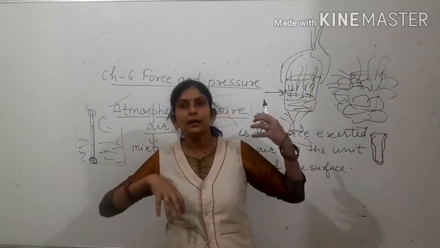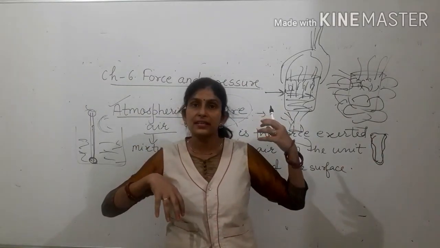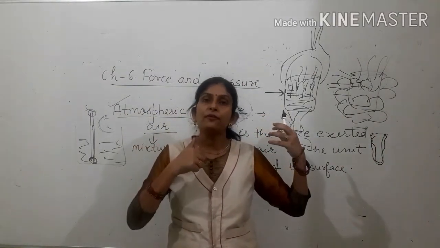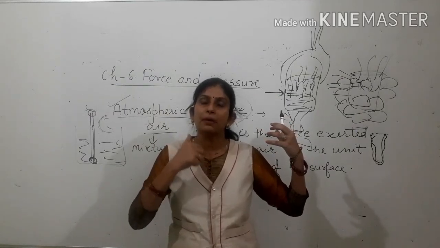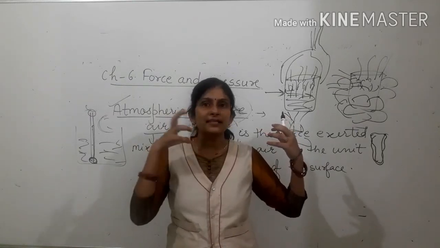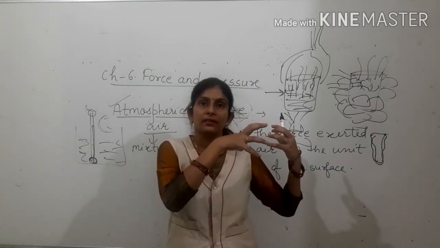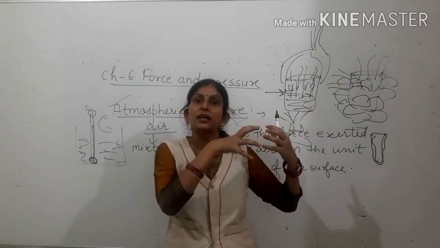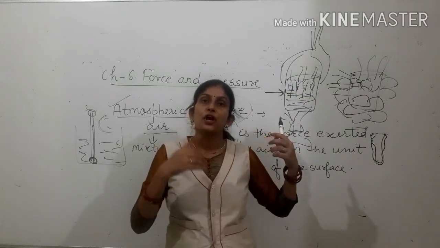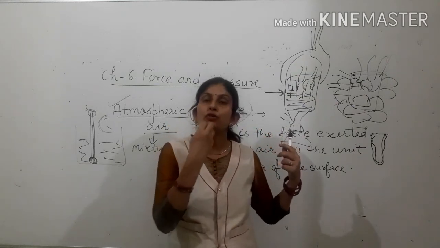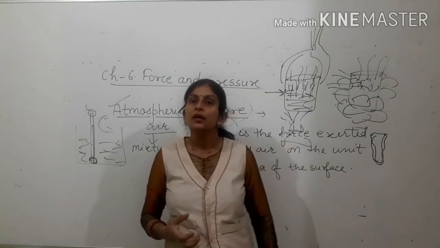So outside air pressure on our body decreases, but body fluids present in our body like blood, water, they apply the same pressure on the body. So inside pressure increases and outside pressure decreases, which makes the blood flow out in the form of bleeding.